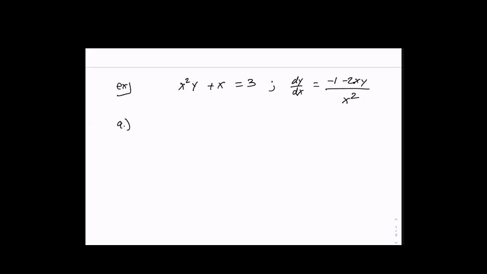Now, typically the problem says B. So typically this is the question on the AP: find the value or the coordinate or coordinates for horizontal tangents.